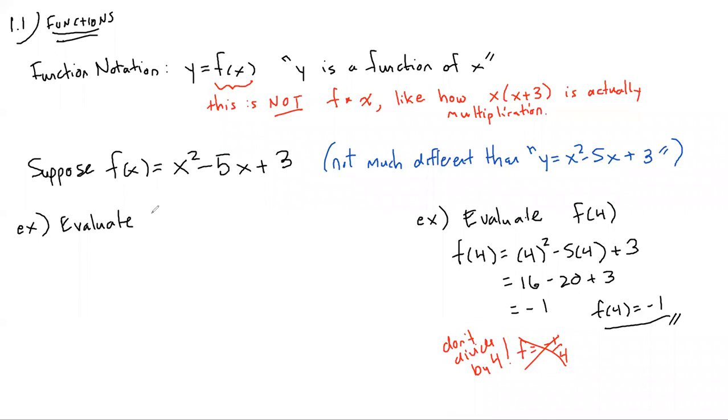Okay, let's go with f of, how about f of 2c? So now I'm not plugging in a number, I'm plugging in something that's got another variable to it. But it should be kind of the same idea.